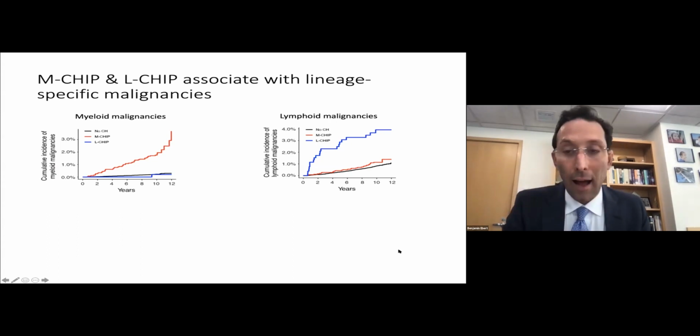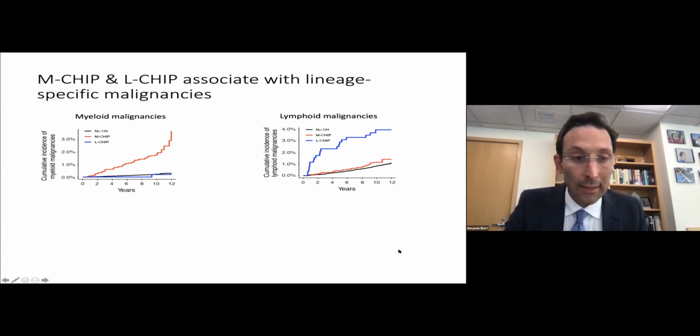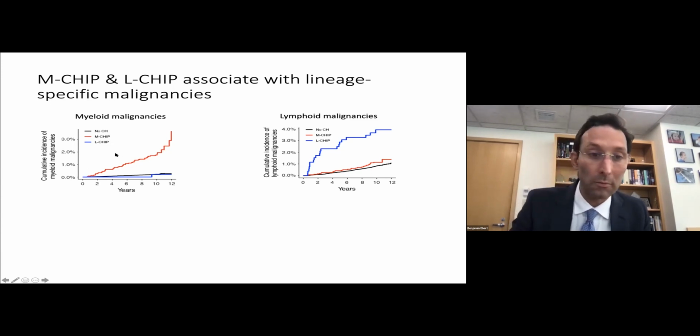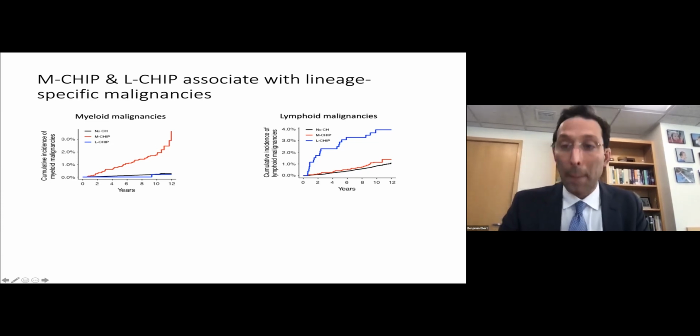And the consequences of these mutations are as one might expect. Individuals with mutations that we see in myeloid malignancy genes, seen on the left here, have an increased risk of developing a myeloid malignancy. The absolute risk remains low, only a few percent over the subsequent decade or so, but a highly significant increased risk of myeloid malignancies.